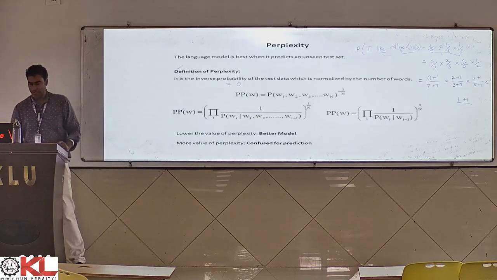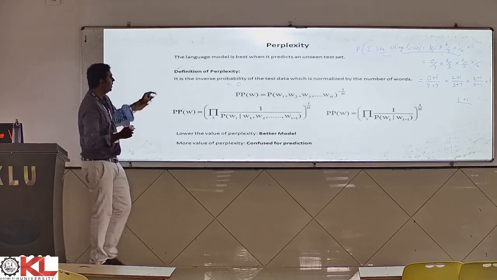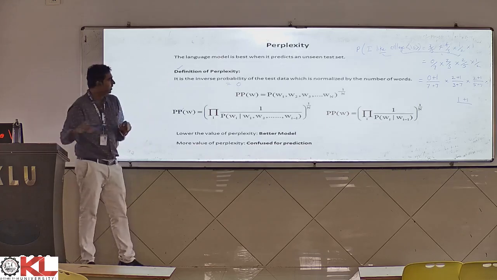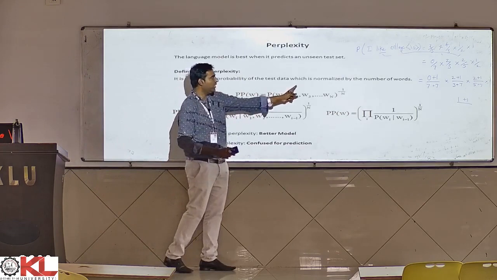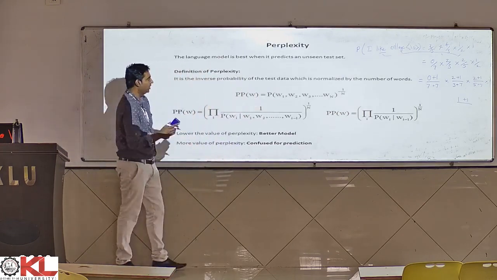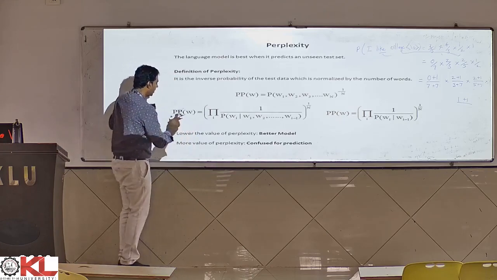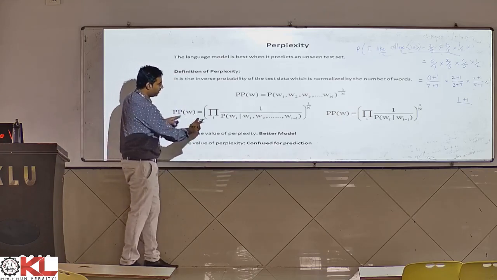Next, we will find out perplexity. What is meant by perplexity? The definition of perplexity is the inverse probability of the test data, normalized by the number of words. What does it mean? We are already calculating the probability of occurrence of words.